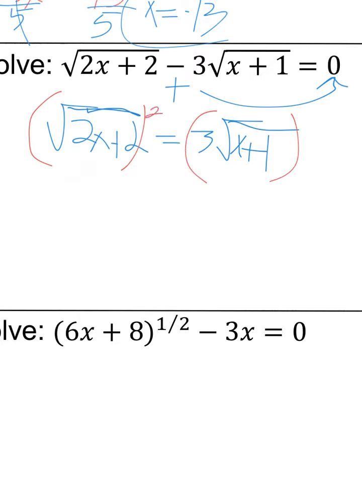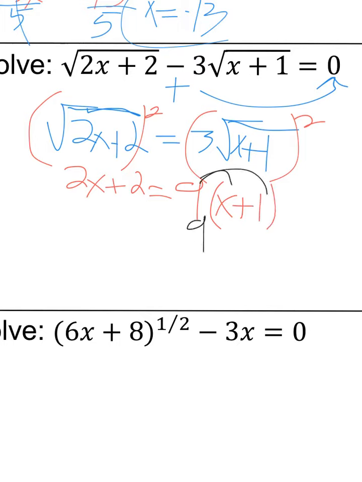Okay, so what that's going to do is that's just going to give you 2x plus 2 here, but you're going to square 3, and so that's going to become 9, and then it's going to be 9 times x plus 1. Alright, so you should distribute that 9, and that gives you 9x plus 9 equals 2x plus 2. And now everything is solvable at this point, so cancel one thing out on each side.